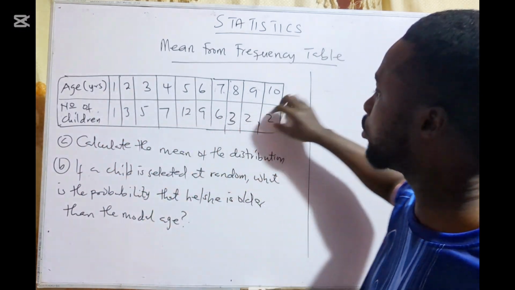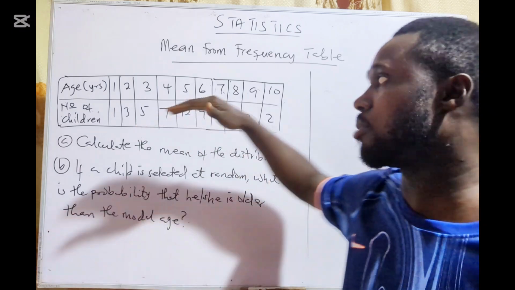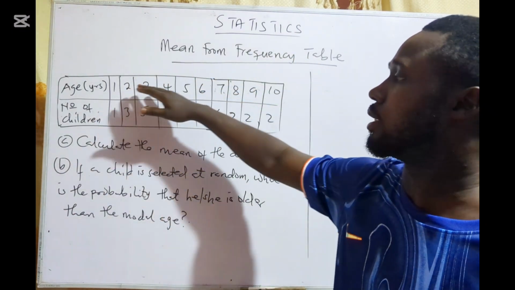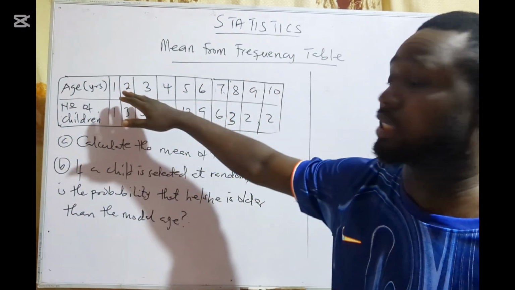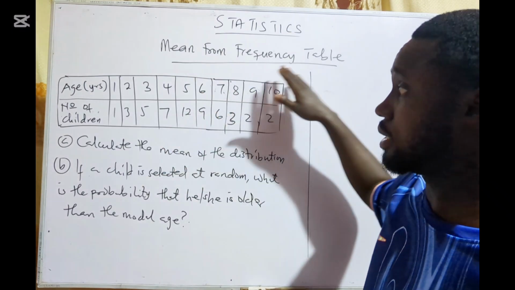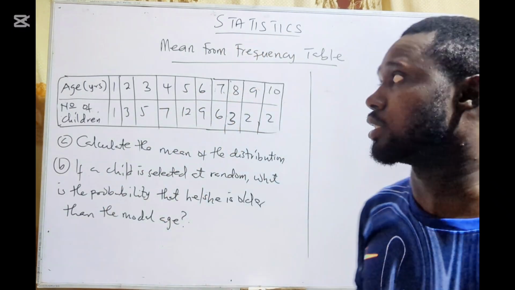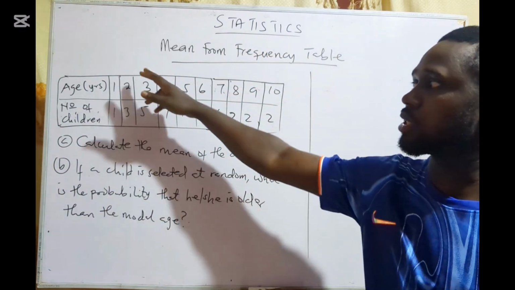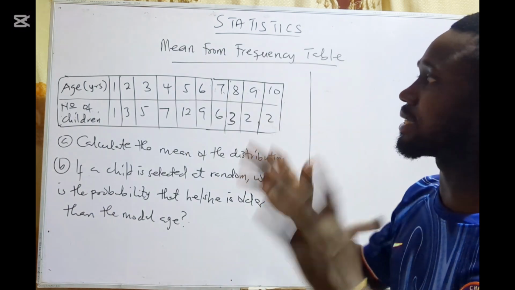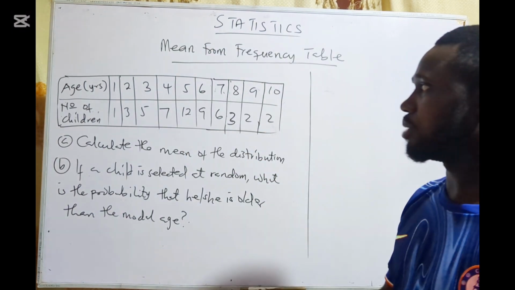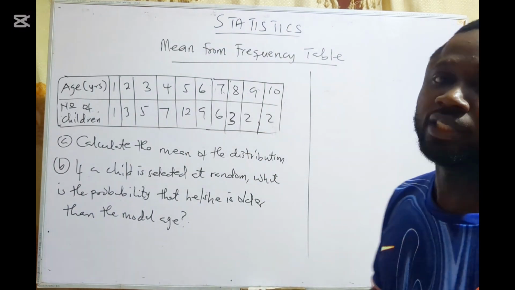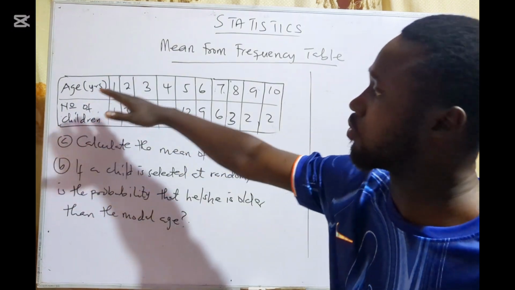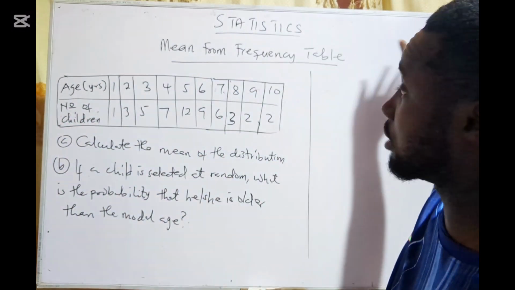So when you put all the frequencies together, it will tell us the number of children with their years. So the total frequency will tell us that. And when we multiply, it will give us the summation of the age, when we put everything together.